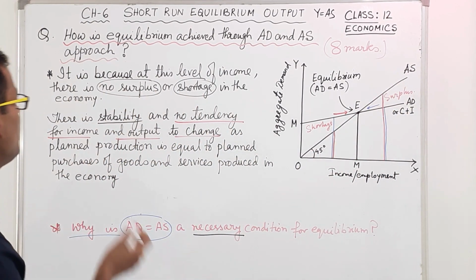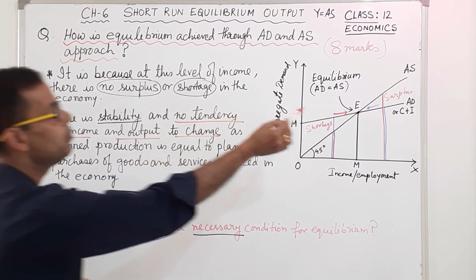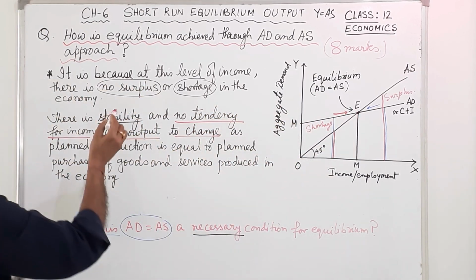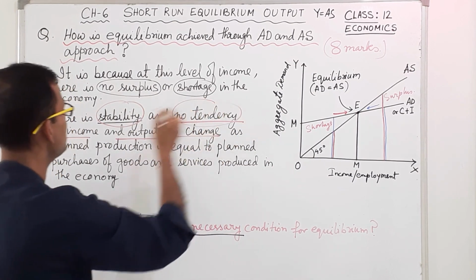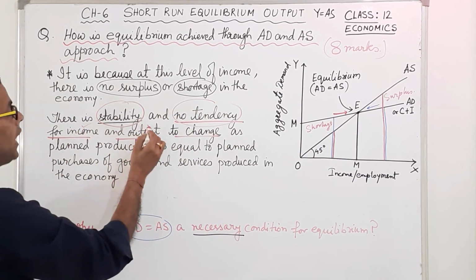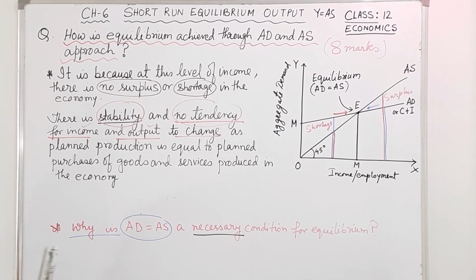But when it is in equilibrium, it will be stable. At that time there will be no tendency for income and output to change. Why?